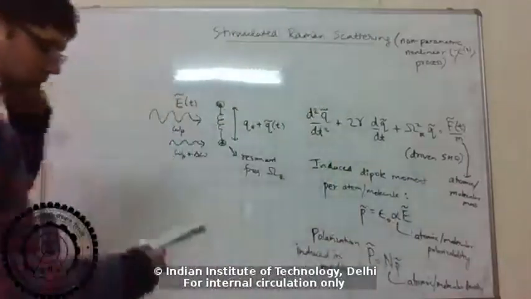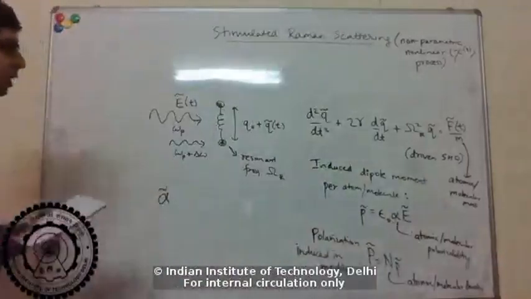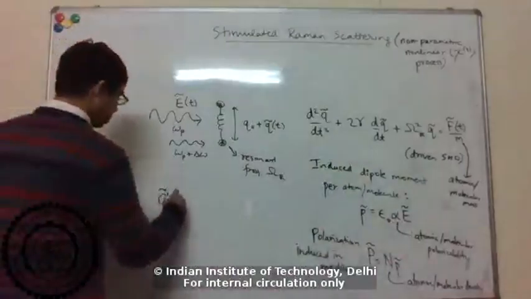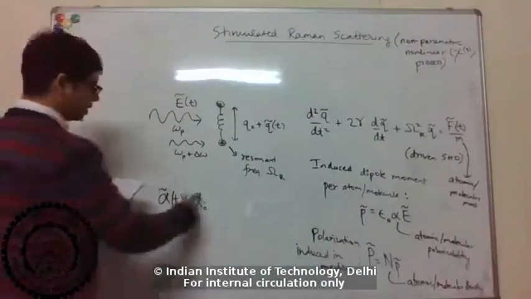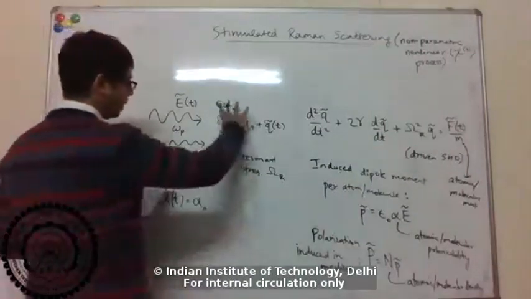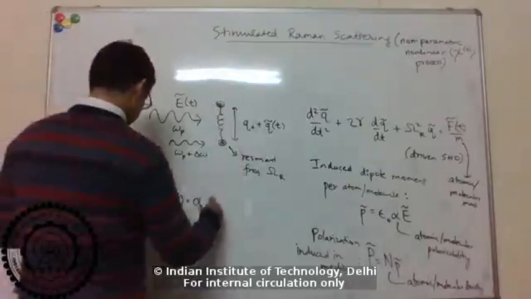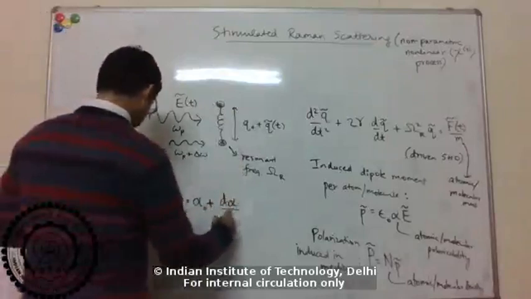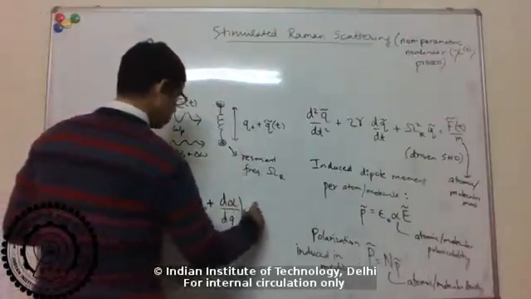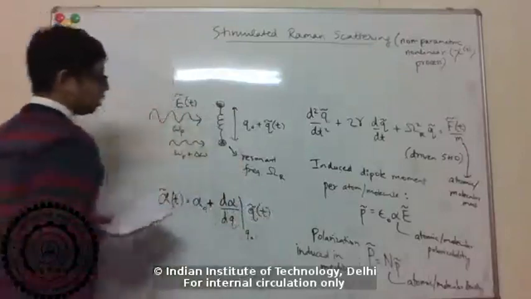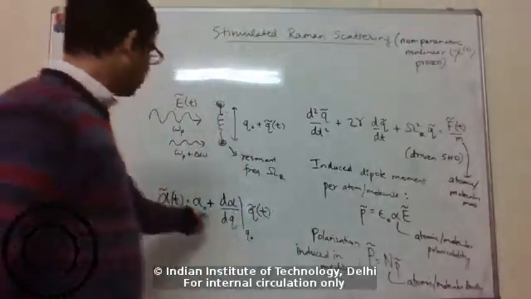So alpha, the polarizability, has some equilibrium value, which is the bare system without any vibrations, plus the change due to these vibrations, or phonon.